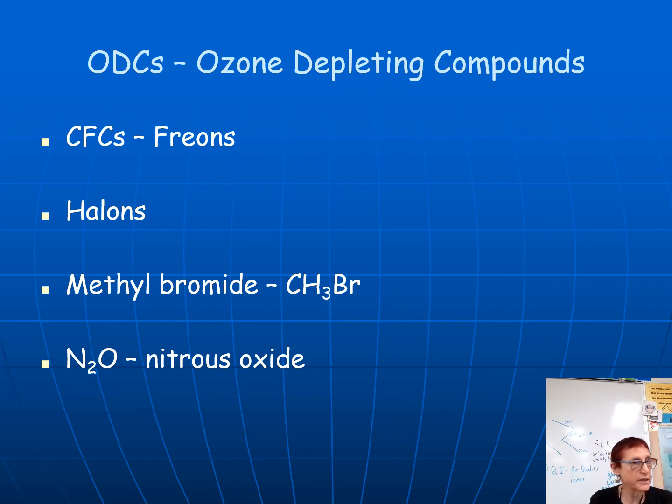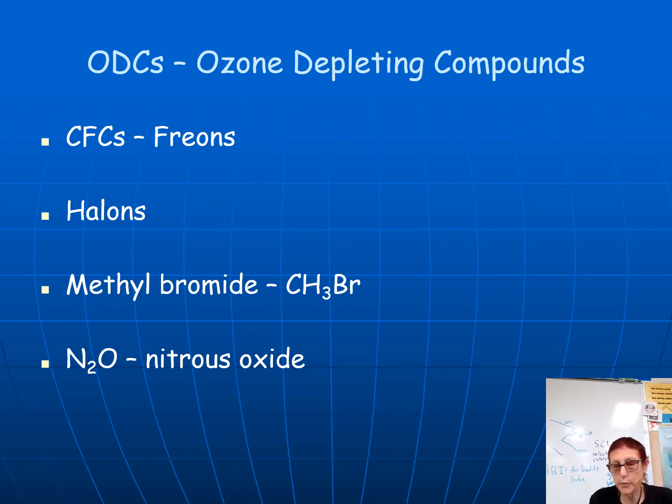Freons, CFCs, chlorofluorocarbons, same thing, one of your ozone depleting compounds. Halons, which were a compound found in fire extinguishers, were brominated compounds, and those bromines do the same thing as the chlorines when they get up into the stratosphere. One of the agricultural pesticides is methyl bromide.